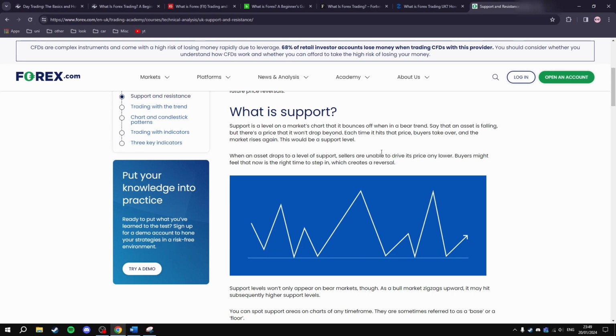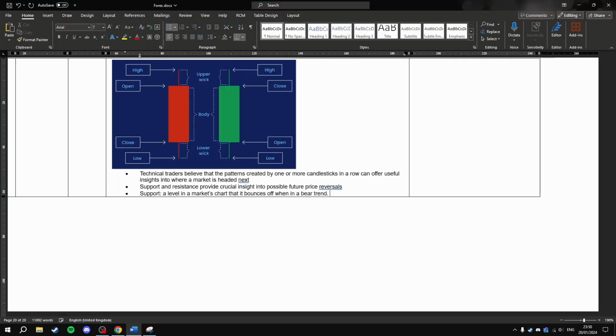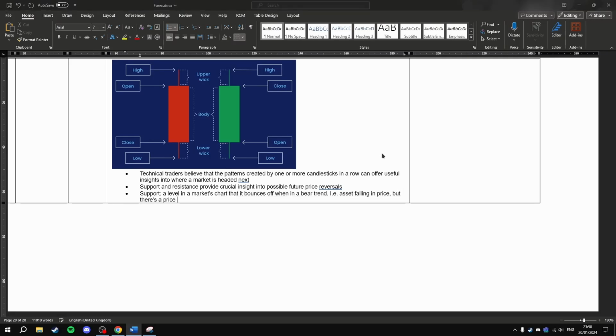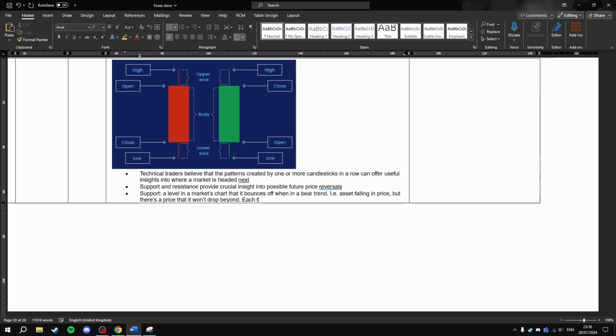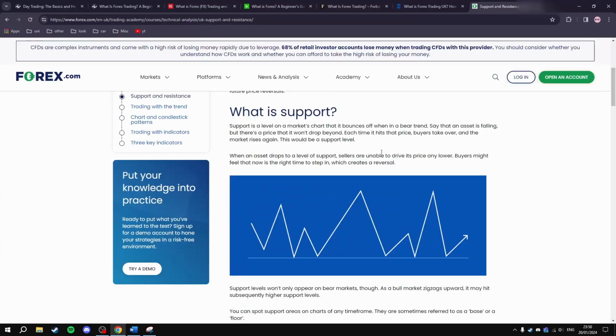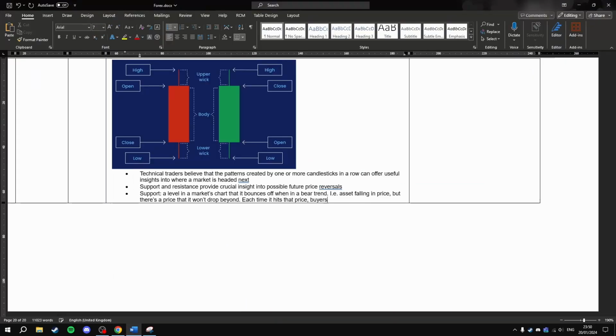Each time it hits that price, buyers take over and the market rises again. This will be a support level.